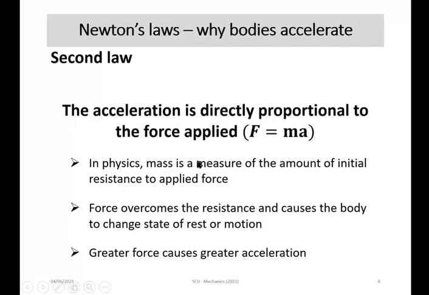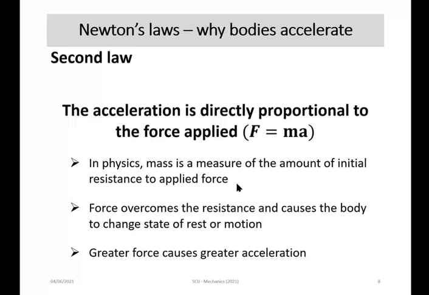First of all, inertia, which is invariably the same as the mass. In physics, mass is a measure of the amount of initial resistance to applied force. Take note of this. When you go to chemistry, they will tell you mass is the amount of substance in a body. But it doesn't explain so many things in physics.